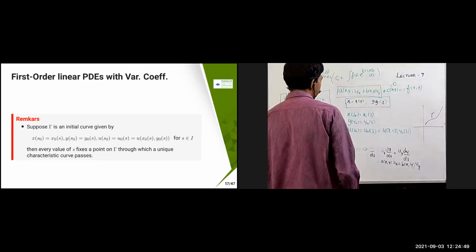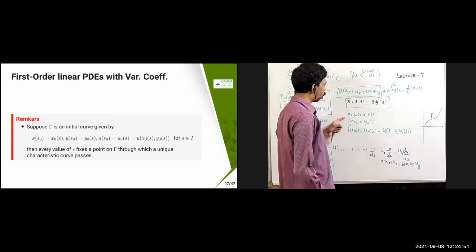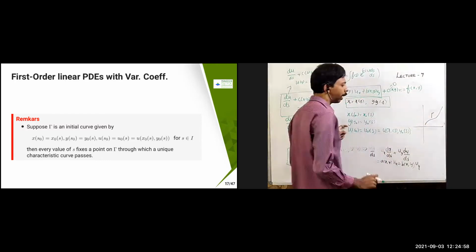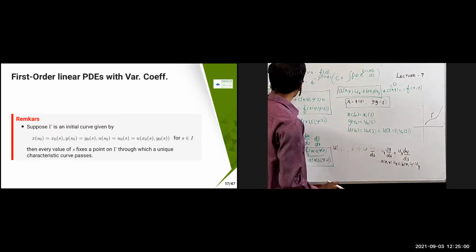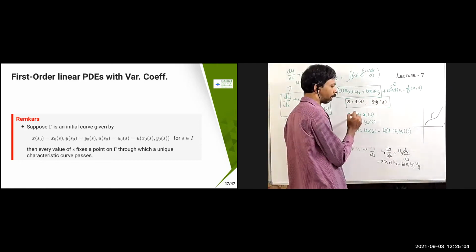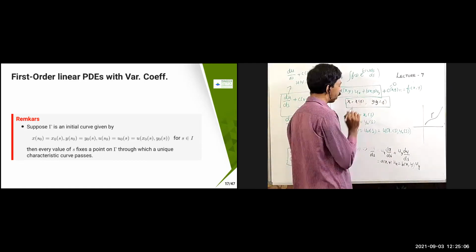Then what is it going to do? This is going to fix all the points on gamma. Gamma is some curve through which a unique characteristic curve is passing. So if I fix this, gamma is an initial curve, which is given by this one.